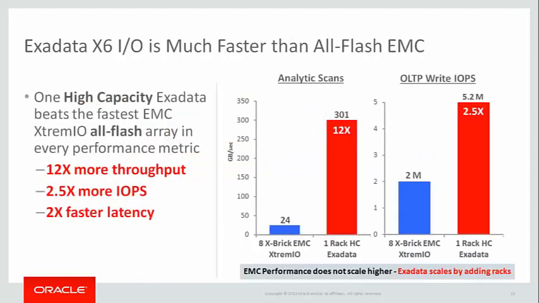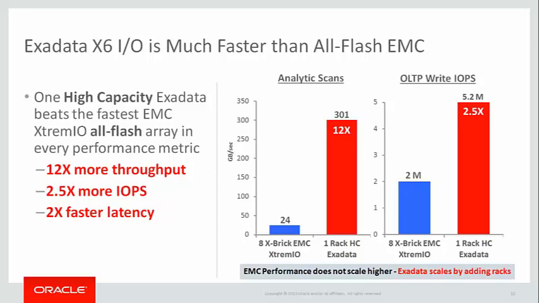Now let's talk about how Exadata fares against some of the other products in the market. One high-capacity Exadata beats the fastest EMC Extreme I/O all-flash array in every performance metric. It offers 12 times more throughput, 2.5 times more IOPS, and all of this at actually 2 times faster latency.